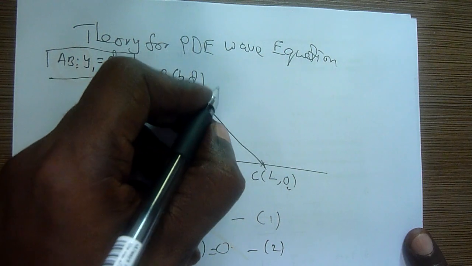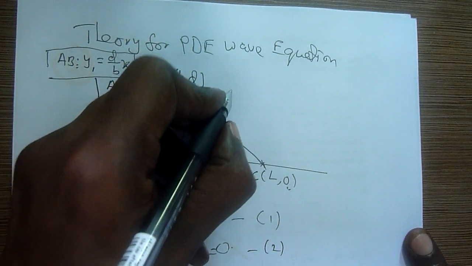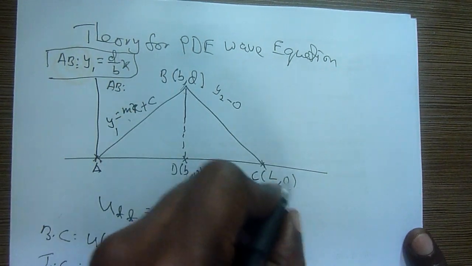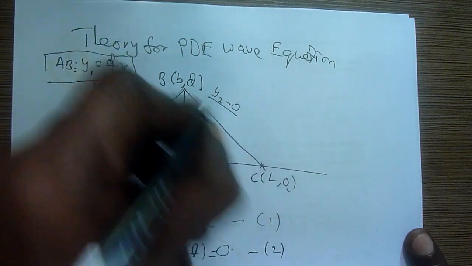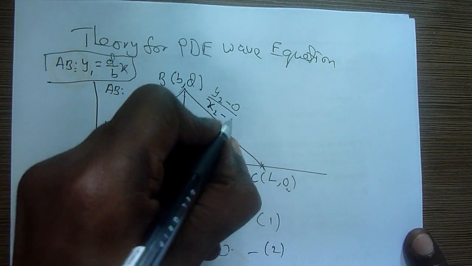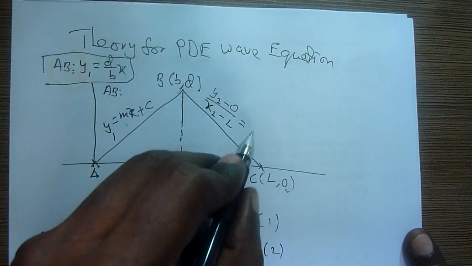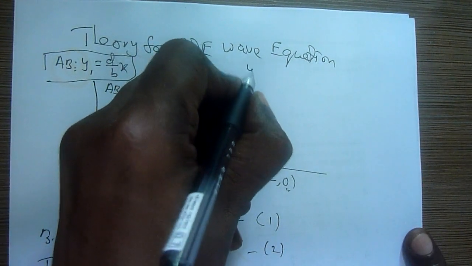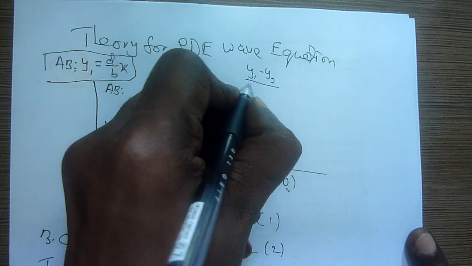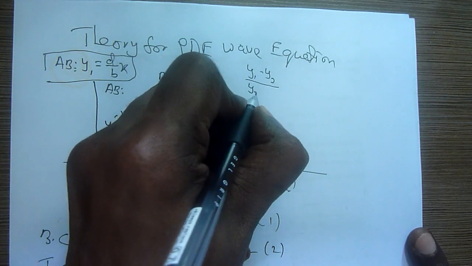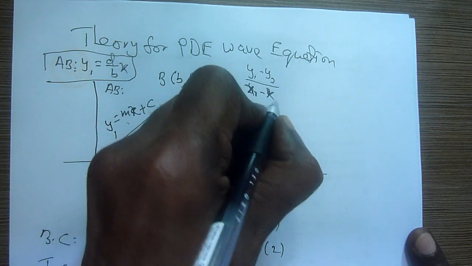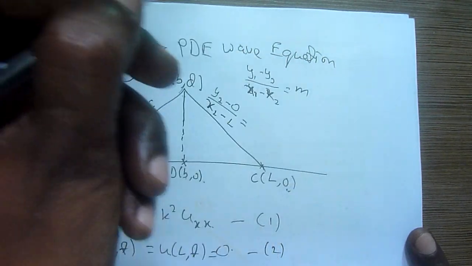Therefore I'm calling this y2 minus 0, I pick the 0, and here x2 minus L equals m. What I'm teaching here is that you know 2 points, and x2 equals m.